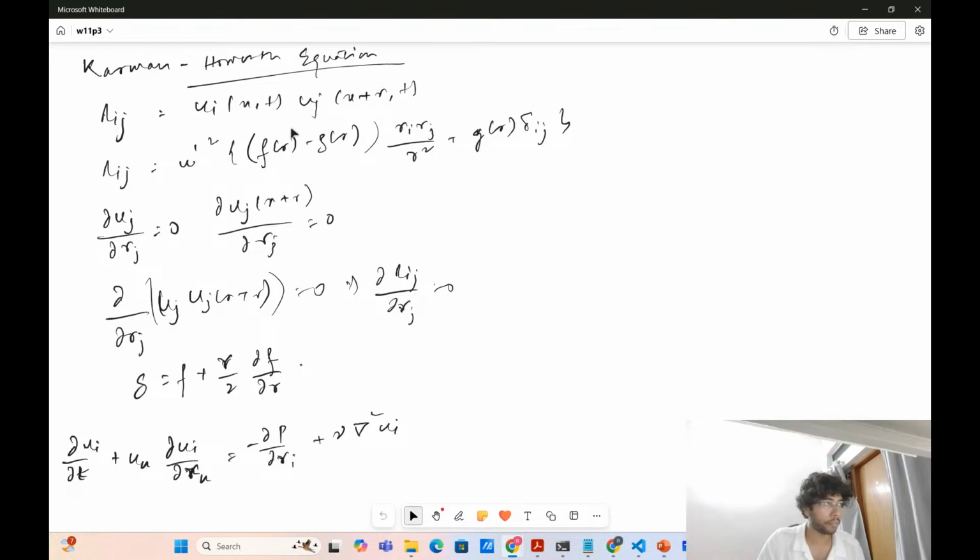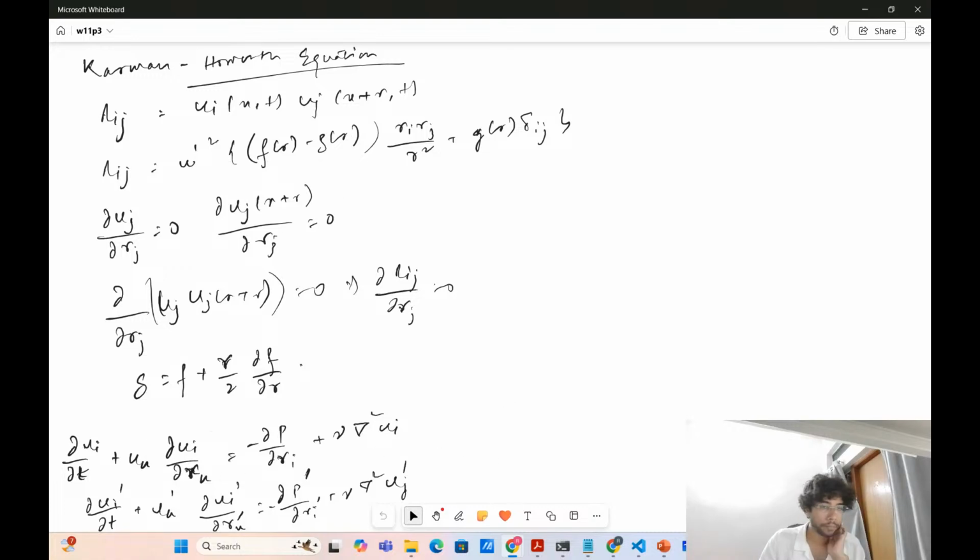All the values at x plus r are denoted by a prime, so u prime is the value of u at x plus r, and P prime is the pressure there. So similarly we write the equation at some other distance x plus r, with del square u_i prime.